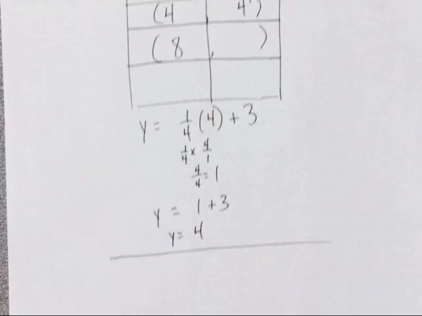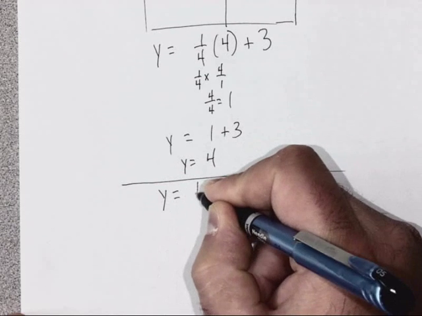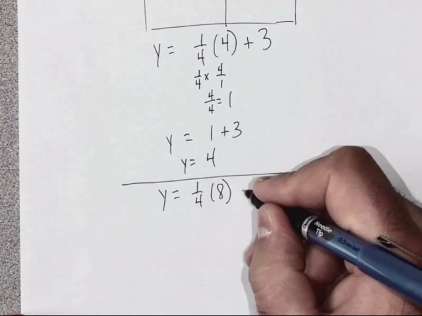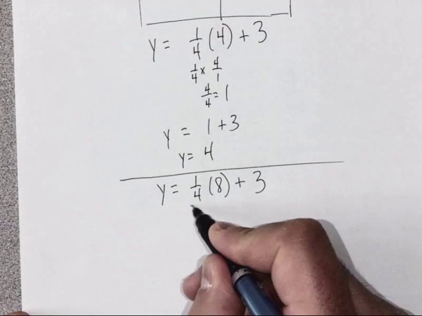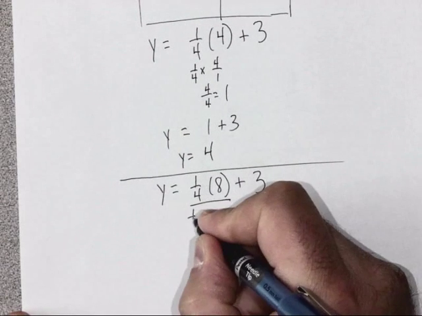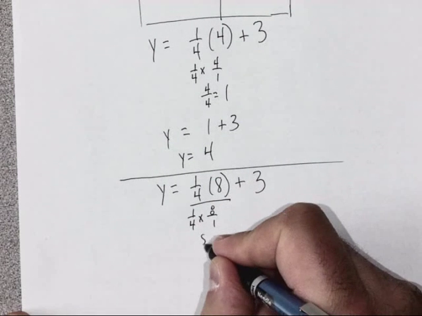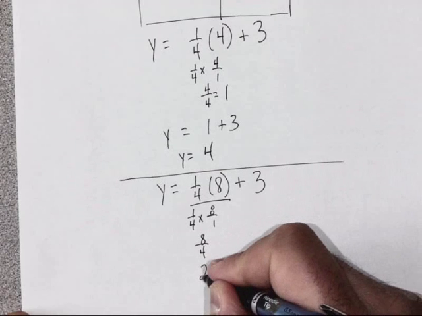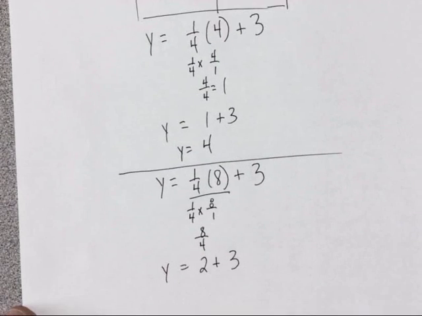If I plug in 8 into x and multiply here, I get 1/4 times 8 over 1, so I get 8 over 4, and 8 divided by 4 is 2, so I get 2 plus 3, which is 5.